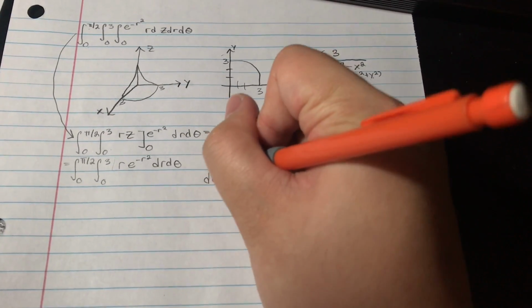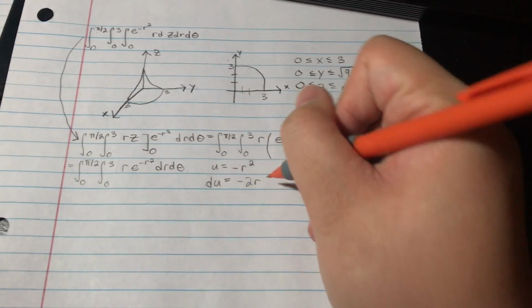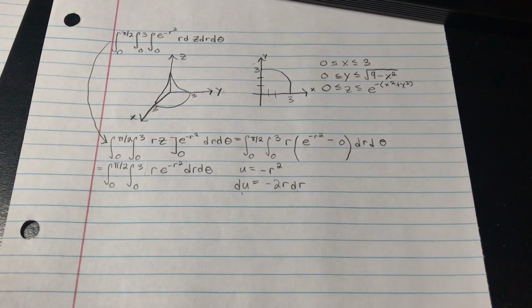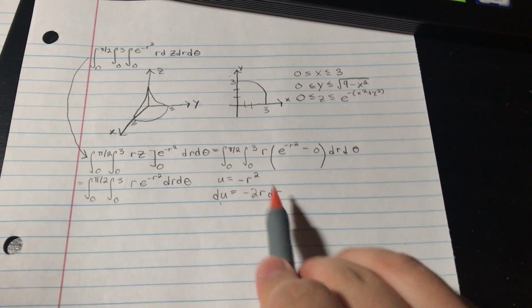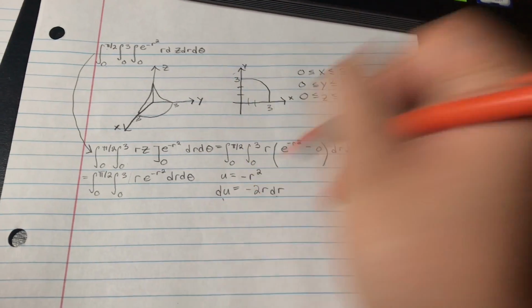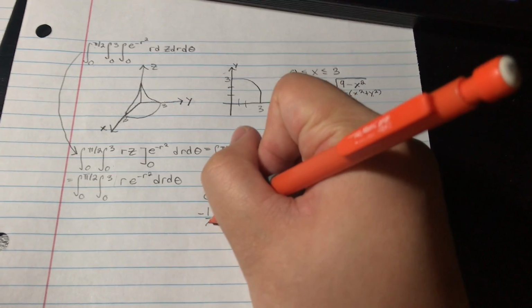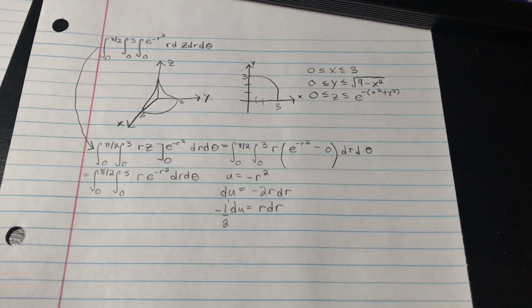Now take the derivative: du is equal to negative 2r dr. Now we have r dr here, and we can take the negative 2 to the other side: negative 1/2 du equals r dr.